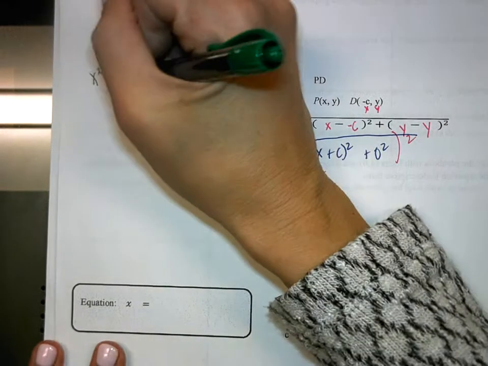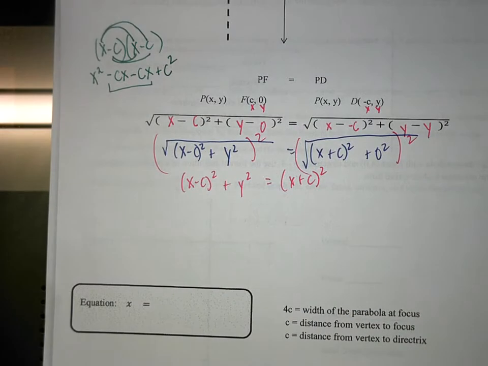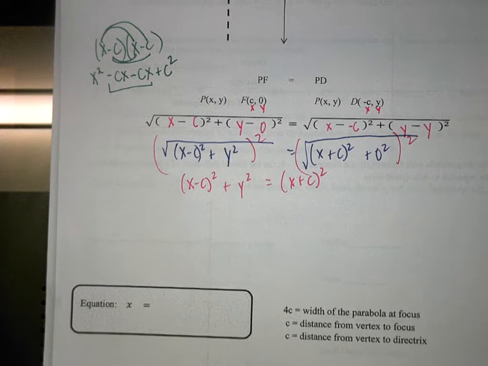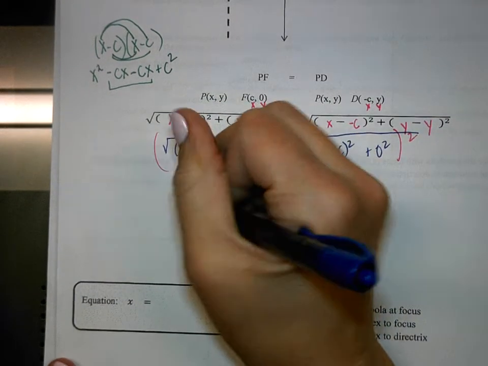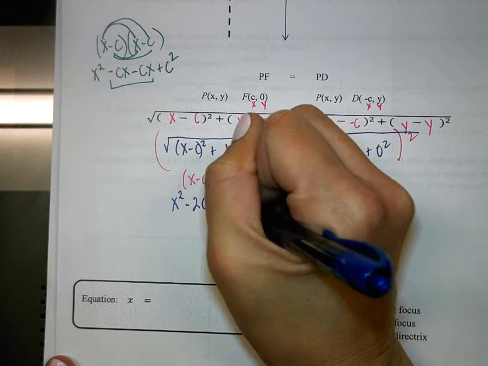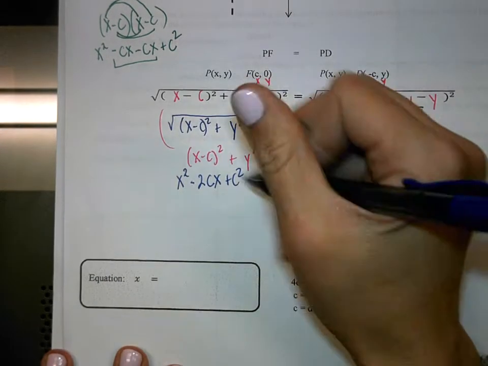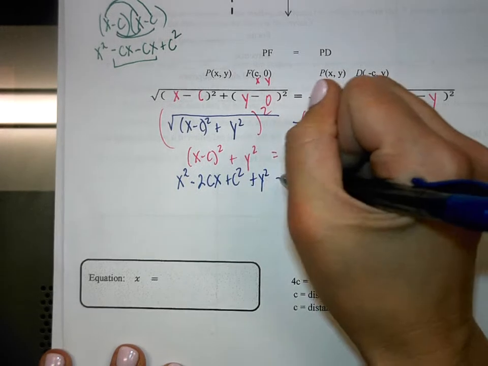These are like terms in the middle, so negative c and negative c, it's really negative 1c and negative 1c, which would make what? Negative 2c. So when I write this down, this is x squared minus 2cx plus c squared. And then I still have my plus y squared equals.